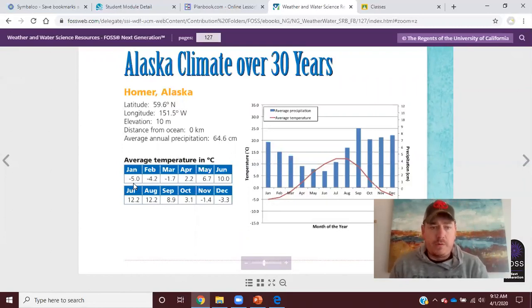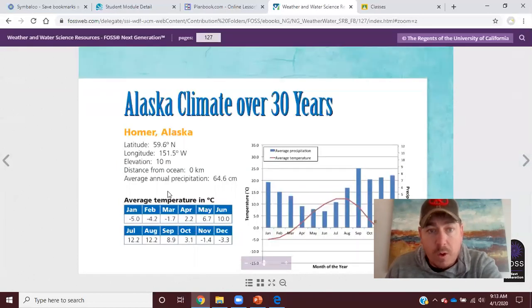So 12.2 minus -5, okay, we take away negative. So when you take away negative, the number is going to go up, and it goes up 5 degrees. So 12.2 minus -5 is 17.2 degrees. So I just gave you one of your 5 or one of your 6 answers. So write that in your notebook for Homer, Alaska. The temperature range would be 17.2 degrees.